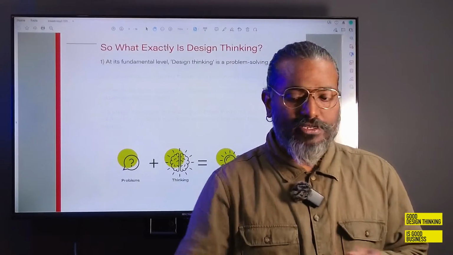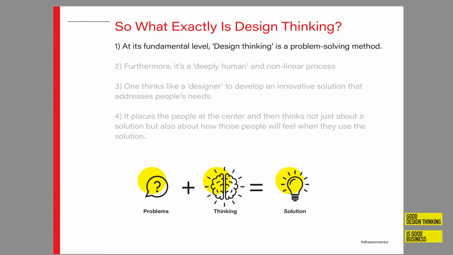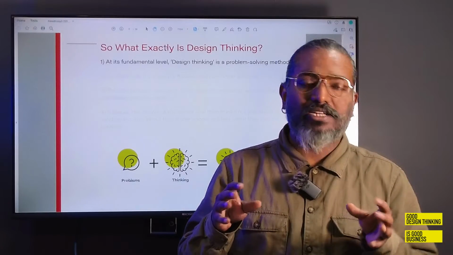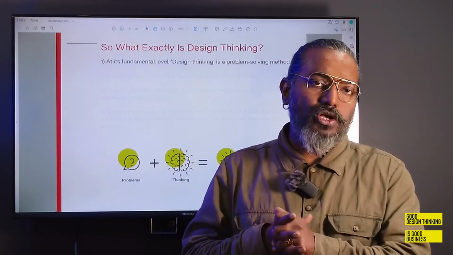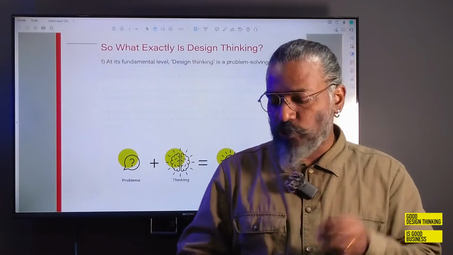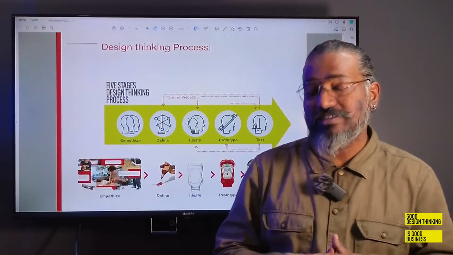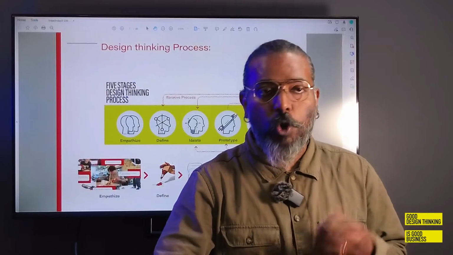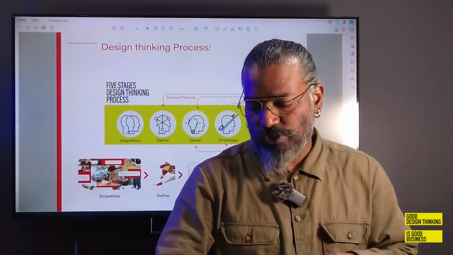Design thinking is simply said to be a problem-solving method. And of course, I always emphasize that design thinking should lead to innovation. In the last session we looked at the three types of innovation and how I extensively use emotional innovation.